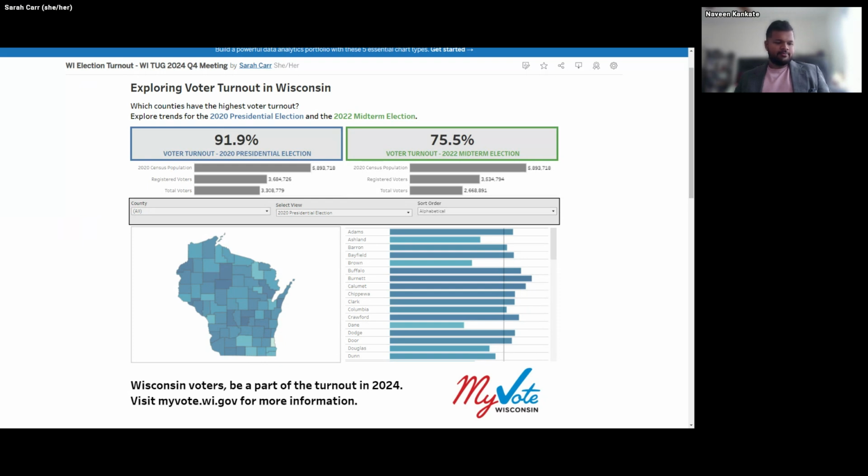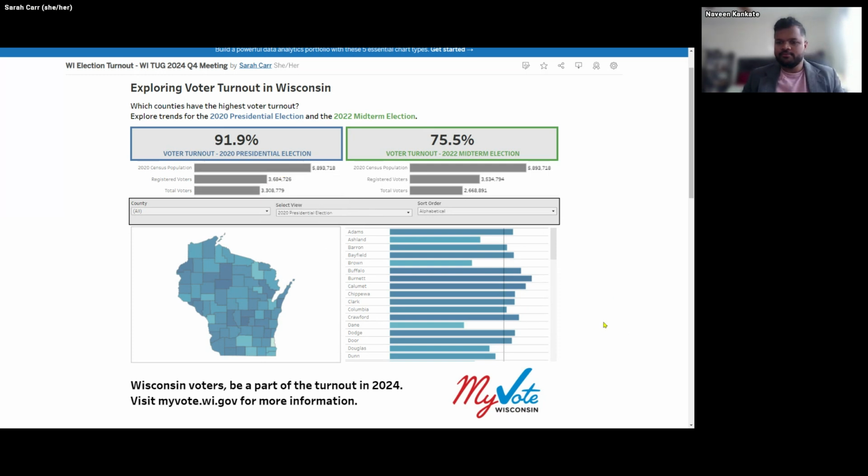My vision for this was to do an infographic that's interactive and gives some context. I added in some 2020 census data to get a sense of the population, and then it funnels down from the population to registered voters and then to total voters.